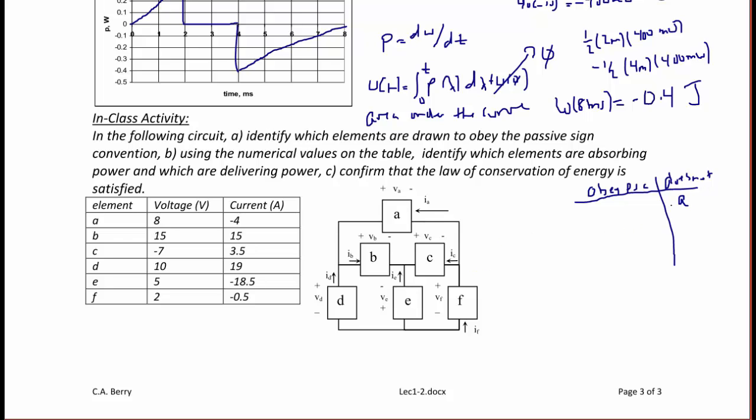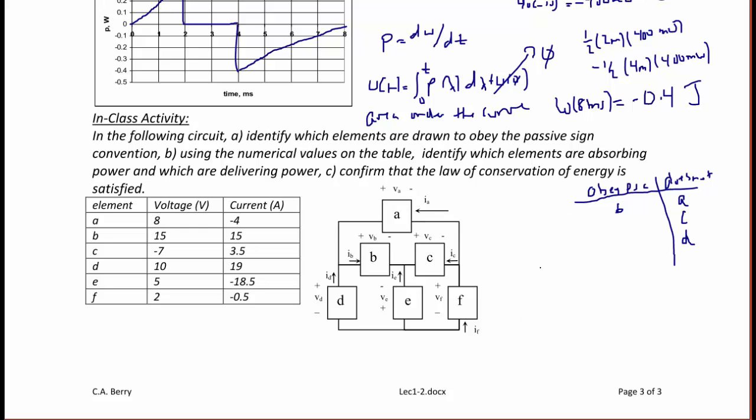If we look at B, the current goes from the positive to the negative terminals through B, so B does obey the passive sign convention. For C, the current flows from the negative terminal to the positive terminal, so C does not obey the passive sign convention. For D, the current flows from the negative terminal to the positive terminal, so D also does not obey the passive sign convention.